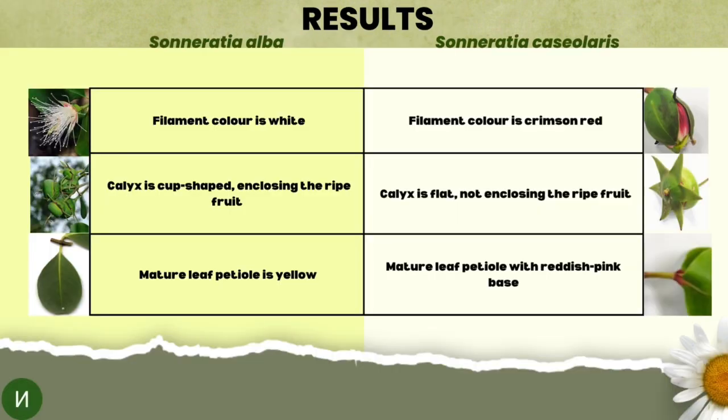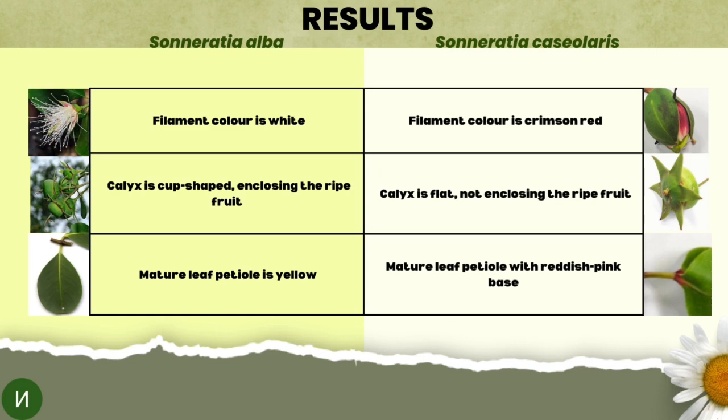As for the comparison between Sonneratia alba and our sample, Sonneratia caseolaris: for Sonneratia alba, the filament color is white, but Sonneratia caseolaris has a green solid color for its filament.